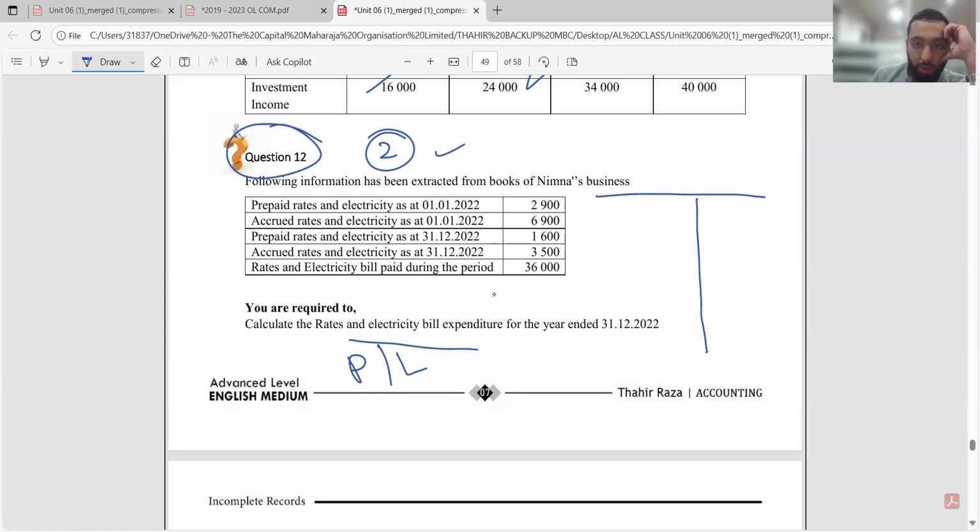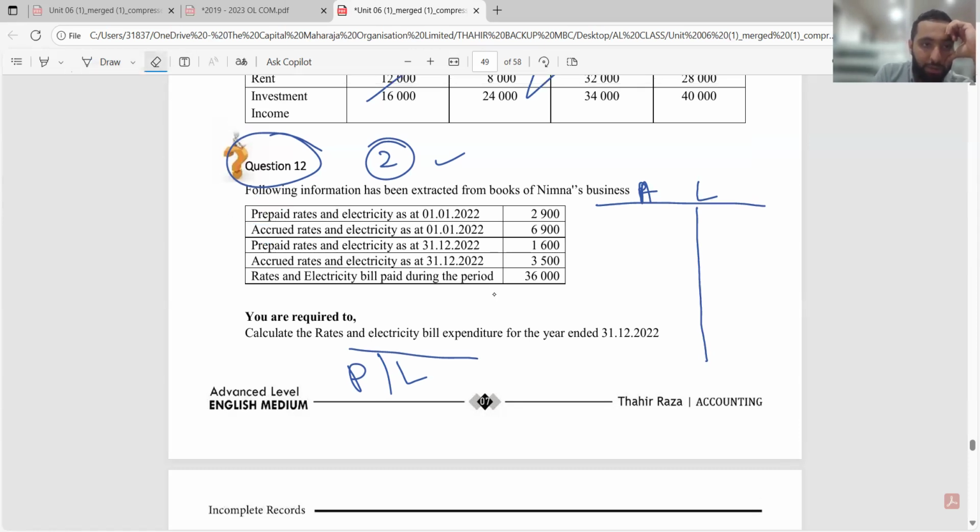The same account, we will use it for the prepayment, which is the asset account, and the liability account, which is accrued. Prepayment is an asset, accrued is a liability. So prepayment, how to get this? Very simple.